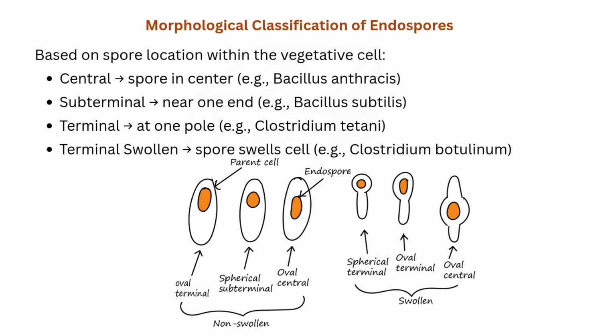In contrast, terminal spores appear at one end, as in Clostridium tetani. And sometimes the spore is so large it swells the cell at one end, called the terminal swollen spore, commonly seen in Clostridium botulinum. So these morphologies are not just academic, they help microbiologists identify pathogens in the laboratory.